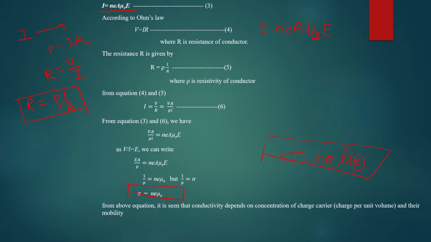Resistance is directly proportional to the length per unit area, and we are putting a rho, that is the resistivity. Okay, so this one is here.